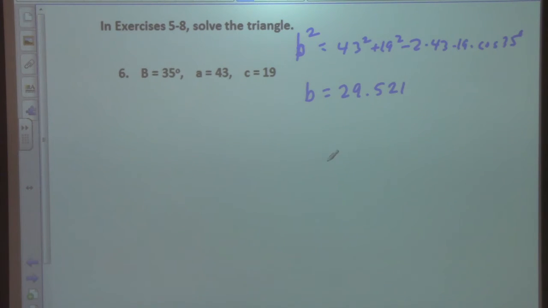Okay. And does that answer make sense? Yeah, maybe. It could be between those two. Okay, what's the one you solve for next? You solve for big A. Big A equals sine, 56.664.